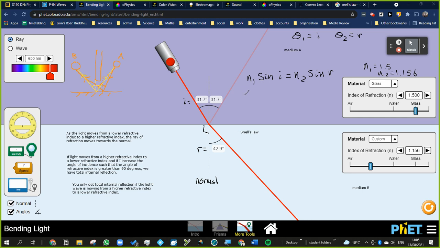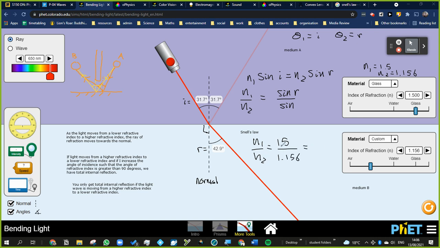So let's rearrange this formula to go n1 over n2 is equal to sine r over sine I.